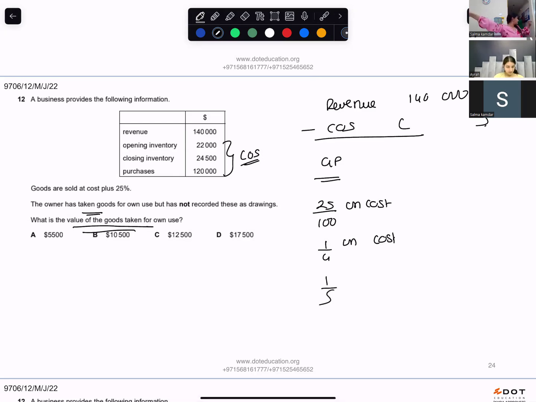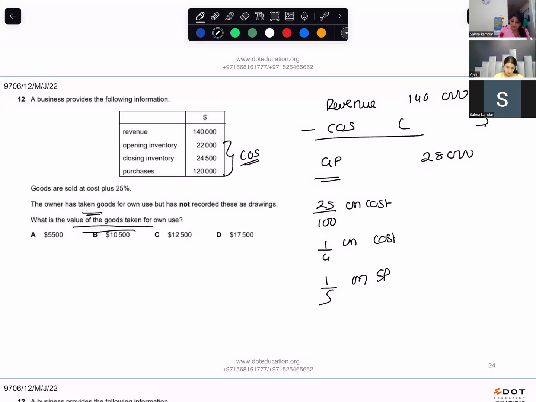That means 20%, one fifth on sales, one fifth on selling price. So it's 28,000 gross profit. 140,000 divided by 5, it's 28,000.